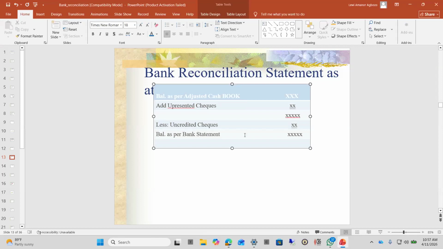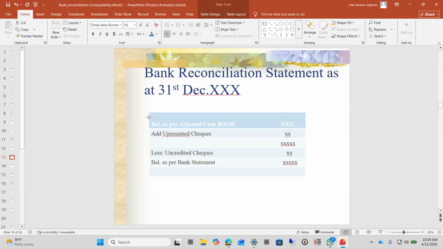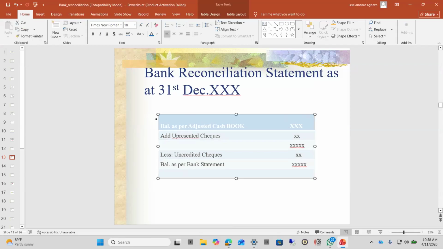So in simple terms, this is what we are trying to do. I want to drag it down, then you see it clearly. Okay. Good.